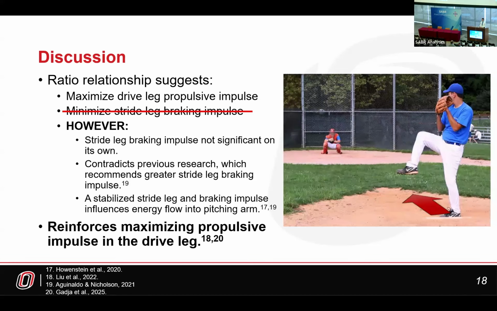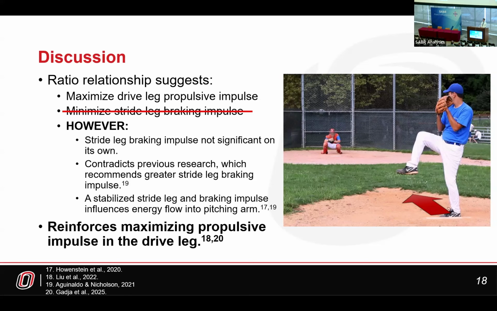Yeah, so I think based off a lot of previous research, when you land on your stride leg, that helps initiate you to rotate. And rotation is a big part of baseball pitching. And so previous research recommends that you want the stride leg that you land on, that you brake on, to be strong, and that will lead to having greater impulse values.